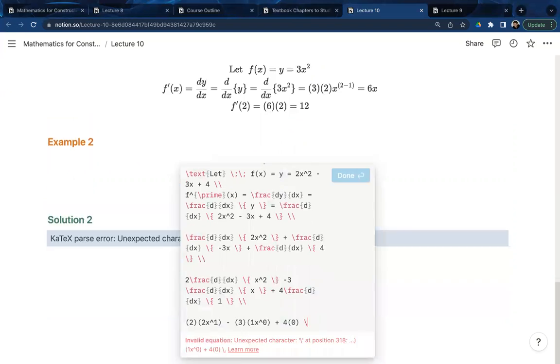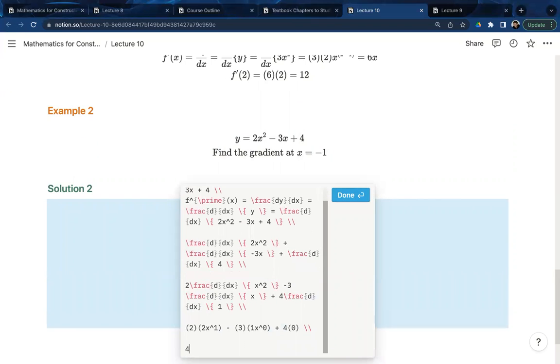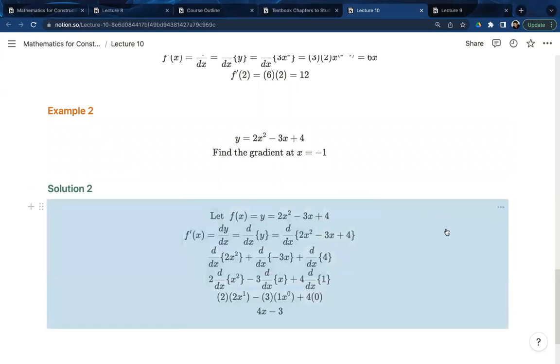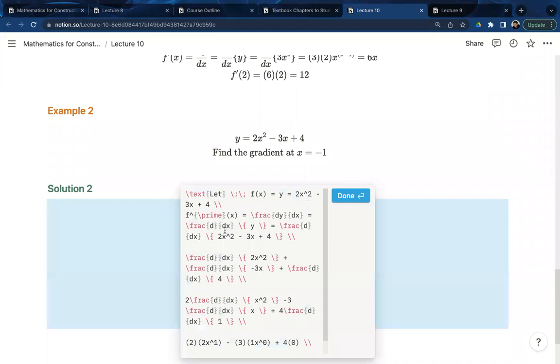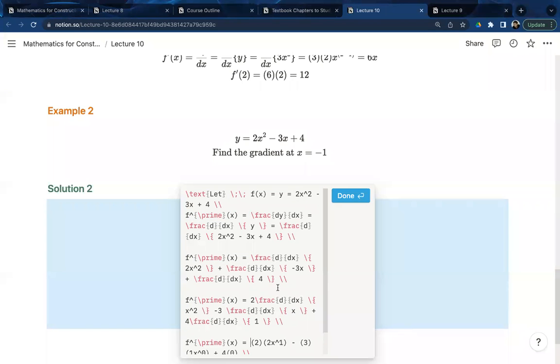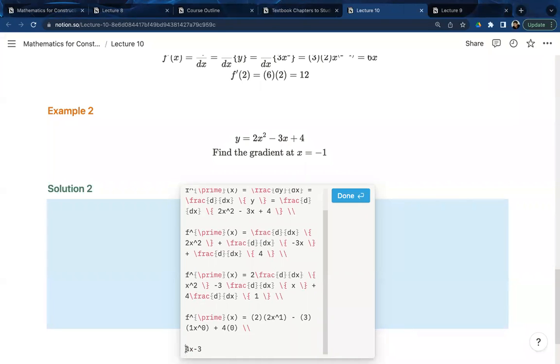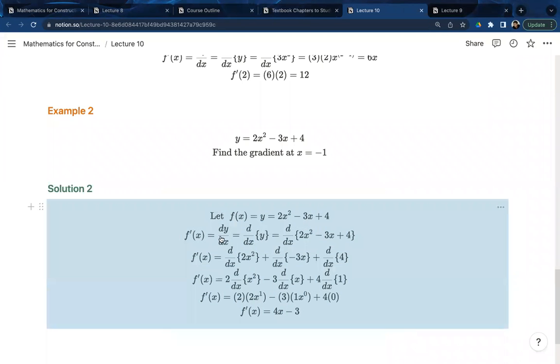What is this now? This is 4x minus 3. That is what dy dx equals, okay? So we could put here f prime x equals 4x minus 3. So we find f prime x, which is we differentiate it.